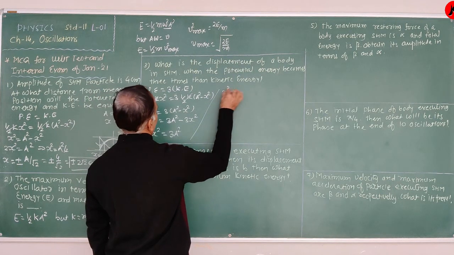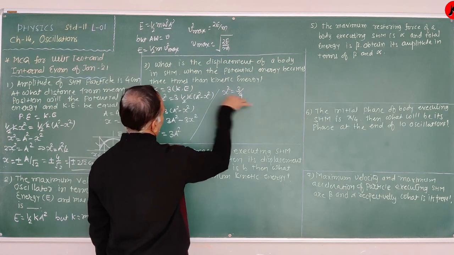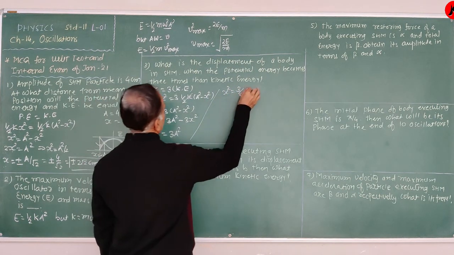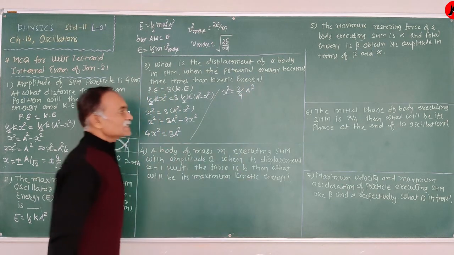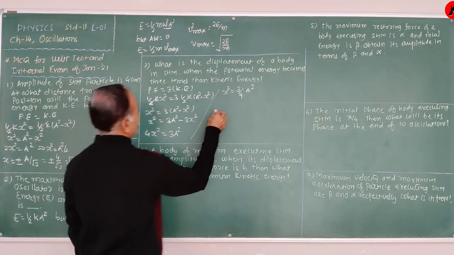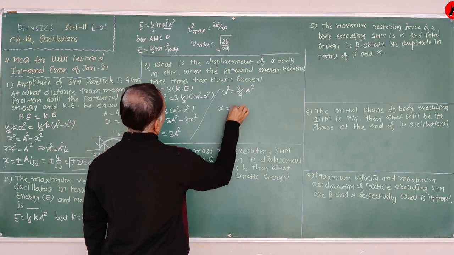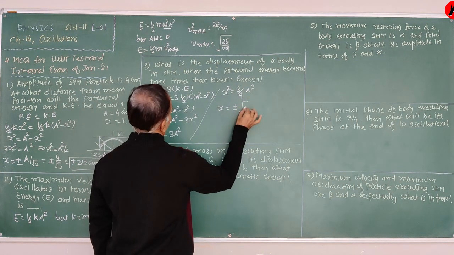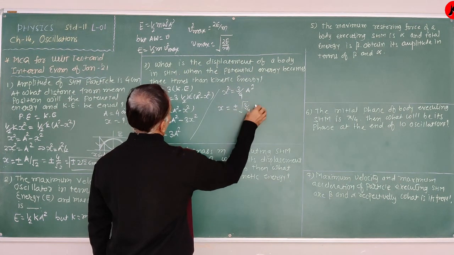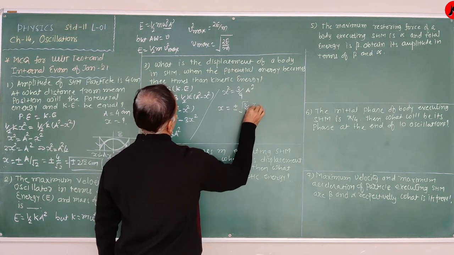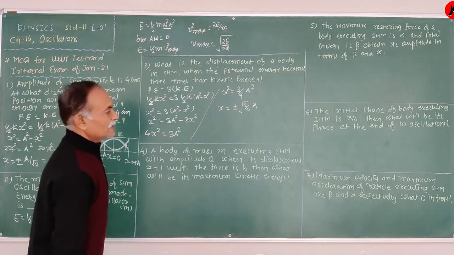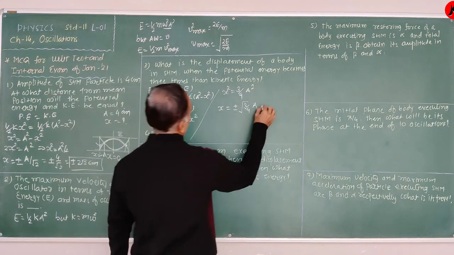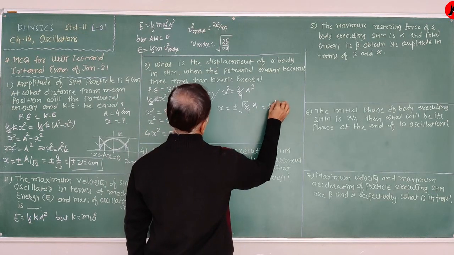Therefore, x square is equal to 3 by 4 a square. Taking the square root on both sides, x is equal to plus or minus under root of 3 by 4 a. But the square root of 4 is 2. Therefore, plus or minus root 3 by 2 a.